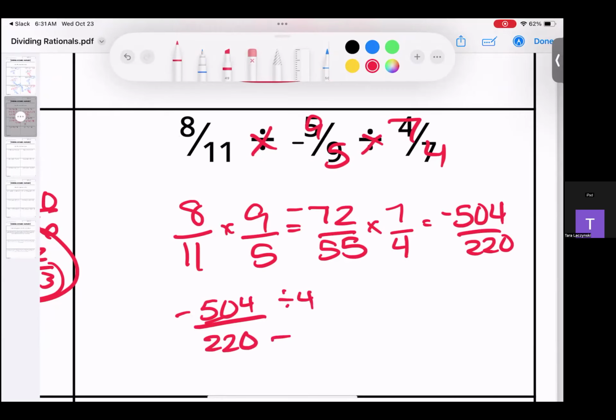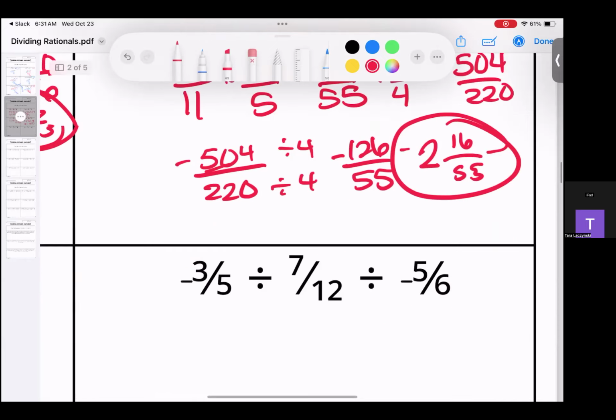You would have to make it improper anyway. So just leave it. Divide these both by 4. I get 126 over 55. Still improper, meaning top is bigger than the bottom. 55 goes into 126 two times, with 16 over 55 left, but make it negative.